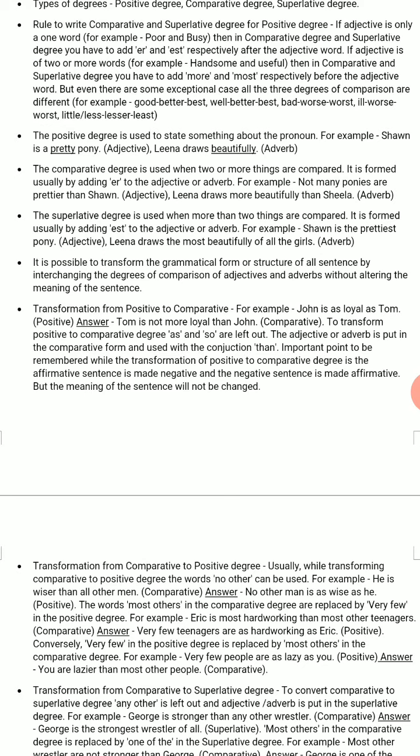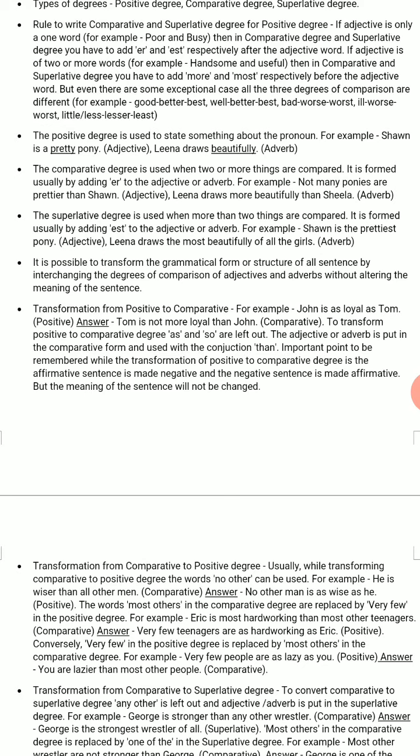The adjective and adverb is put into the comparative form and used with the conjunction "than". Seventh point, if the sentence is affirmative in the positive degree, it becomes negative in the comparative degree and vice versa.